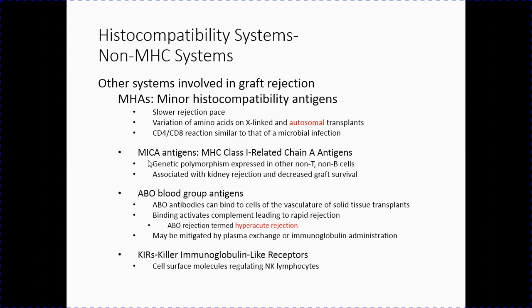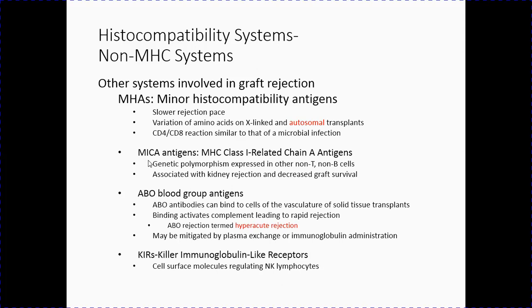MICA antigens are the result of gene coding for cell surface proteins, not on T and B cells, but rather on some secondary kinds of cells like epithelial cells, dendritic cells, monocytes. So it's an MHC class 1 related antigen on other cells besides T and B cells.